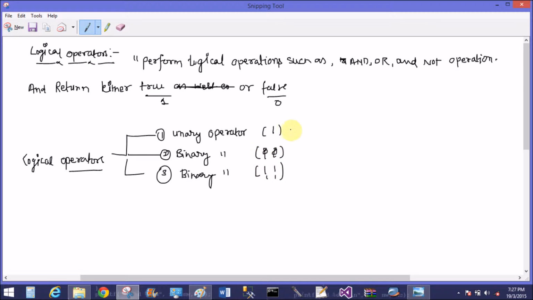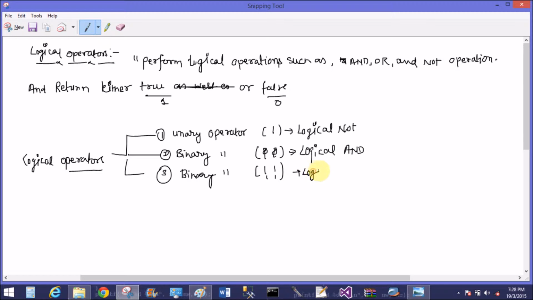Unary operator means not operator. Double binary operators means double AND and double OR operator. Logical NOT you can say, and logical AND, and last one is logical OR operator.